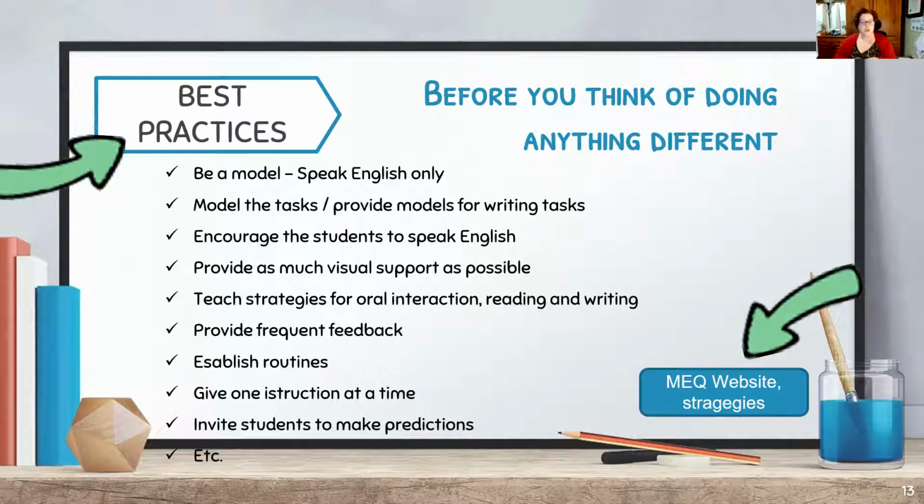Sometimes students look like they don't know what is expected of them, or sometimes students will not react at all, or students will refuse to do an activity. Well, actually the thing is that they don't understand what they have to do. So if they don't understand, we need to think about backing up a step and maybe modeling the tasks and giving them examples, especially if it's writing tasks.